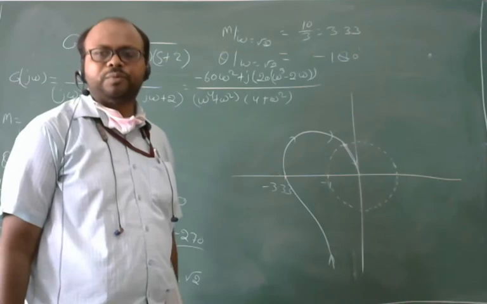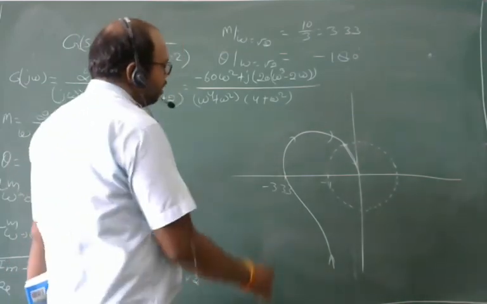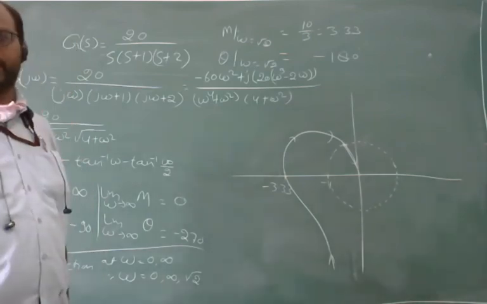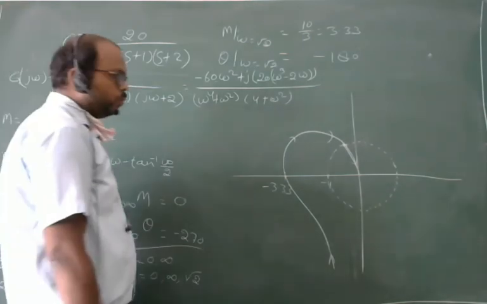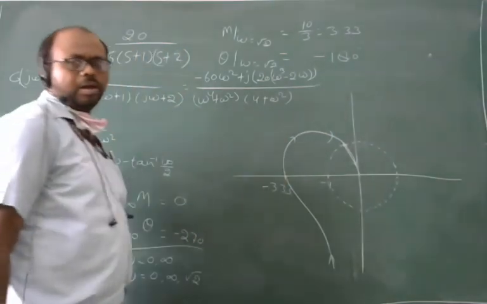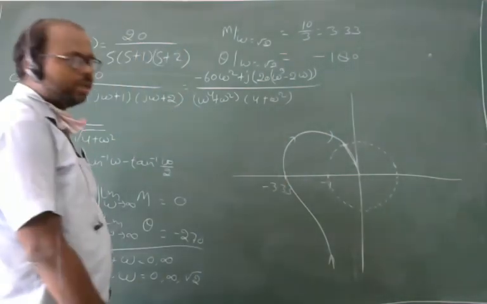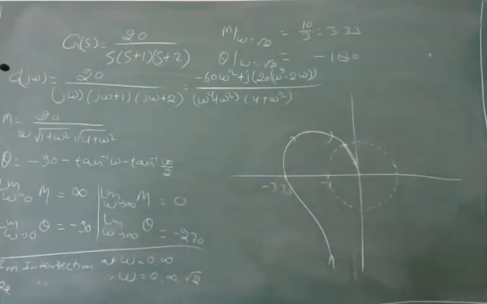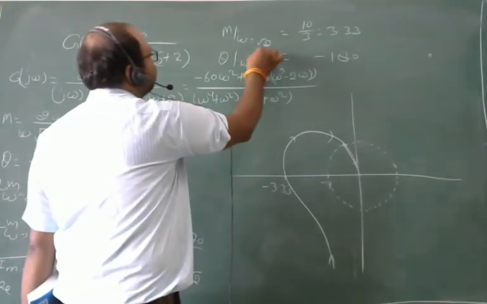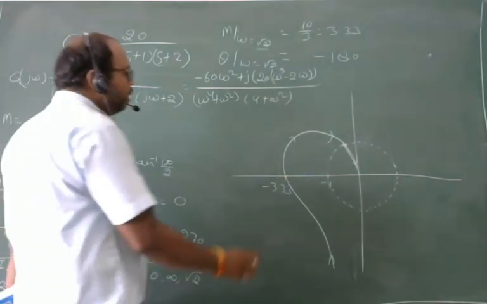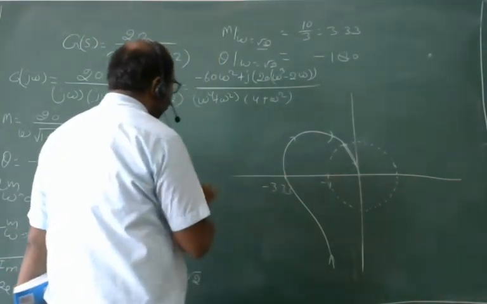Gain margin and phase margin. At this point, the polar plot crosses the minus 180 degree line. So what will be the gain margin? We have the phase crossover frequency. Phase crossover frequency is root 2. At this phase crossover frequency, what will be our gain margin?